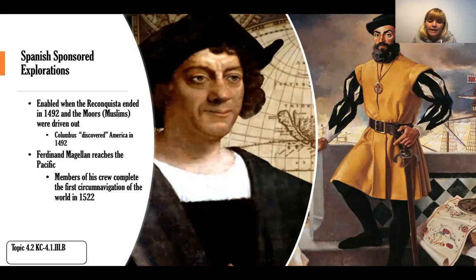And after some local people in the Philippines bring him and his crew back to life, essentially, these local people ask him to assist in fighting a war against a local island. And on day one of that battle, Ferdinand Magellan takes a poison dart to the neck.